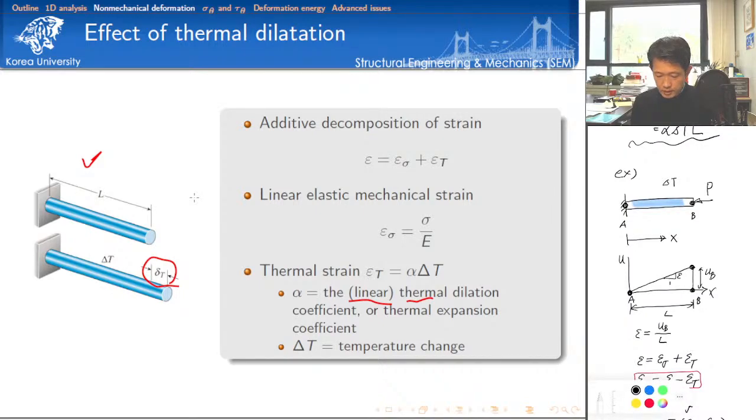Now let's assume that we have a certain reaction. We can calculate the reaction very easily, right? Here the magnitude of the reaction R is equal to the magnitude of the applied force P. Now we want to consider a free body diagram.